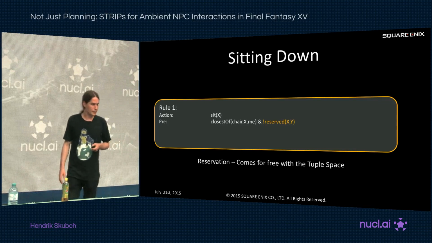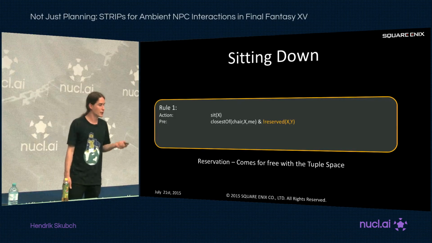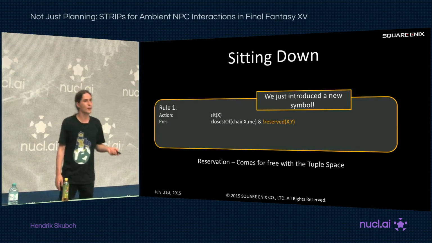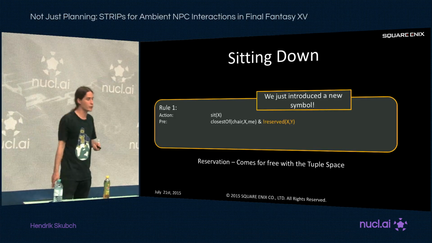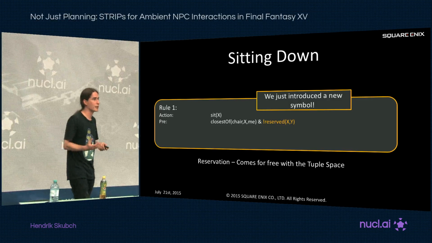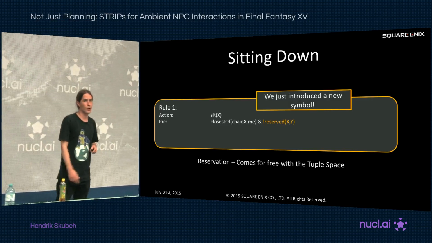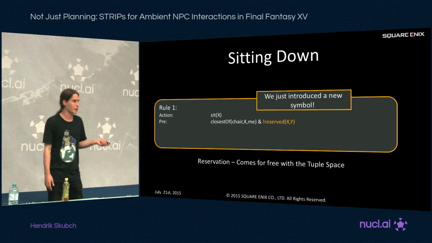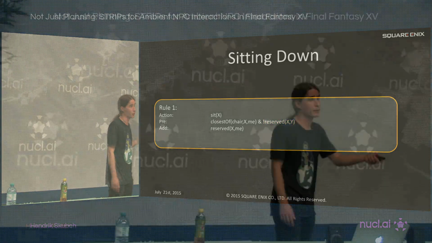And the keyword reserved is actually, at this point, not defined. It's a completely new symbol. It's just an integer, a key into the tuple space. And its meaning will be defined by these rules. So the moment I trigger this action of sitting, I say, okay, now that thing is reserved. I add that information to the tuple space.